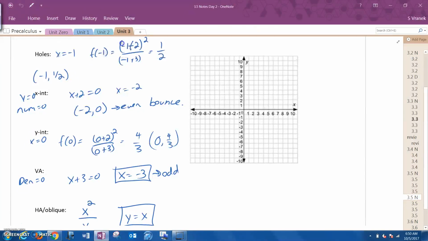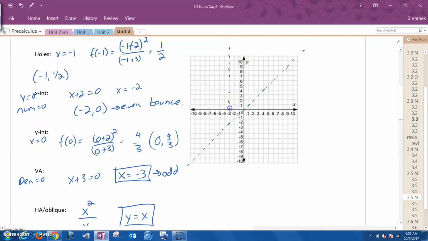So I have an oblique asymptote kind of going y equals x, which means it's cutting right through the graph here. Okay, there's my oblique asymptote. My vertical asymptote is at -3, so that's right here, 1, 2, 3.